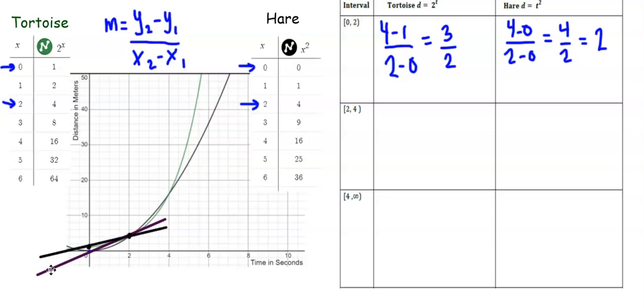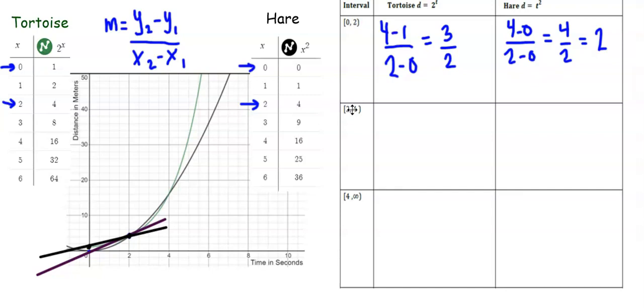So I can see here that this line that connects the points that are on my quadratic graph, the hare's graph, is steeper than the line that connects the points that are on the tortoise's graph. That's because the tortoise is only gaining 3 meters in 2 seconds, but the hare is gaining 4 meters in 2 seconds. So in this interval from 0 seconds to 2 seconds, the hare has a larger average rate of change.